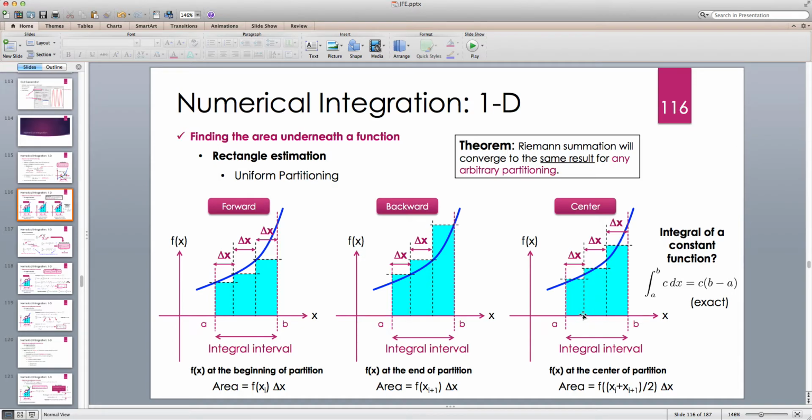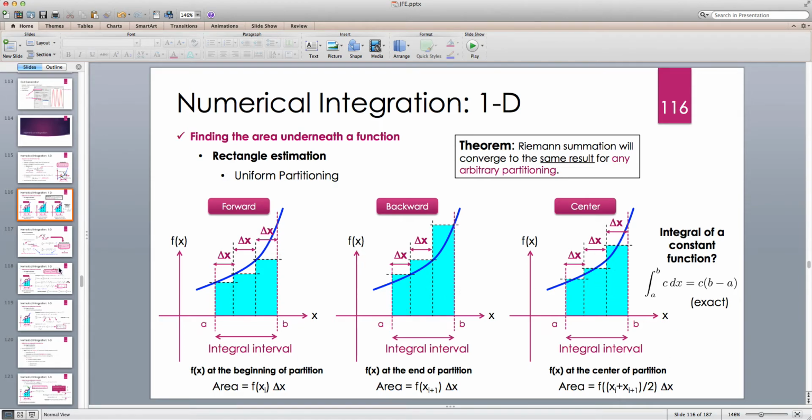So if the interval starts at xi, we calculate the value at xi plus 1 over 2 times h, or delta x. And we said that this center approximation has a better error than the forward or backward. For forward or backward, the error is 1 over n, where n is the number of subintervals, while the center is 1 over n squared.